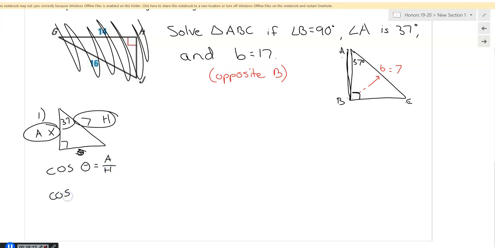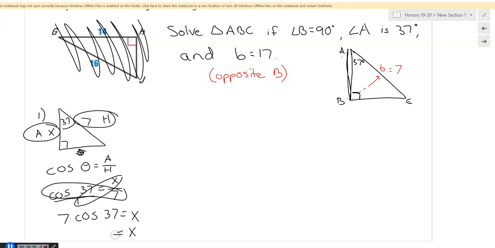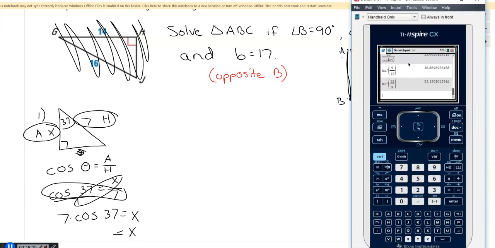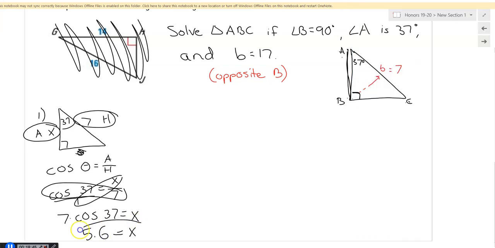That means cosine of 37 equals x over 17. Since I'm solving for a side, I'm going to cross multiply. So I have 17 times the cosine of 37 equals x. And I can quickly type that in my calculator. And I get 13.6. That was this side, right?